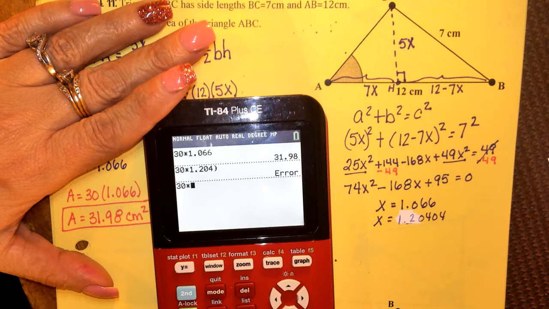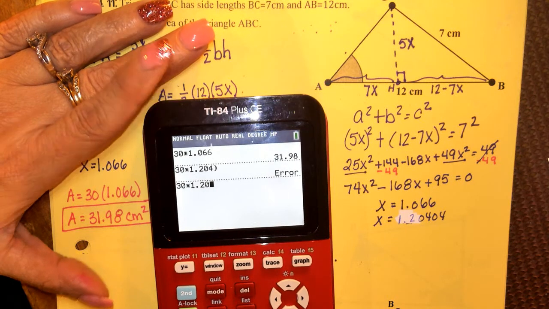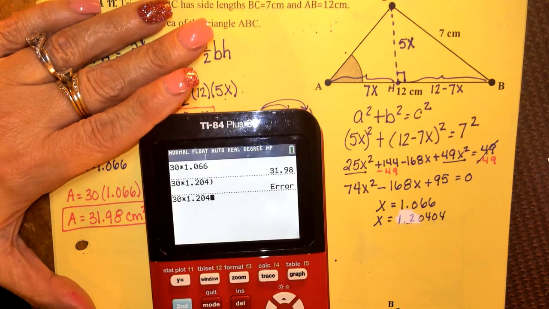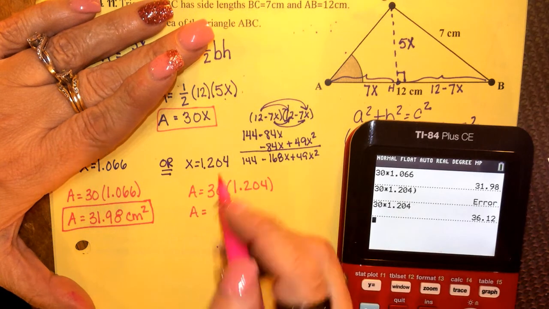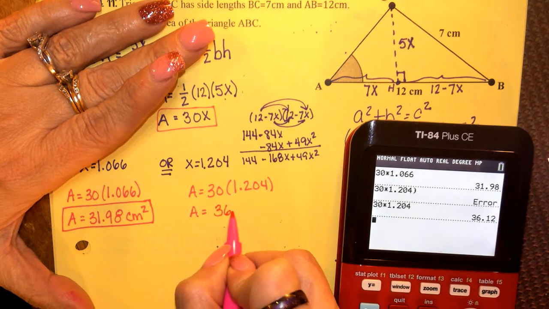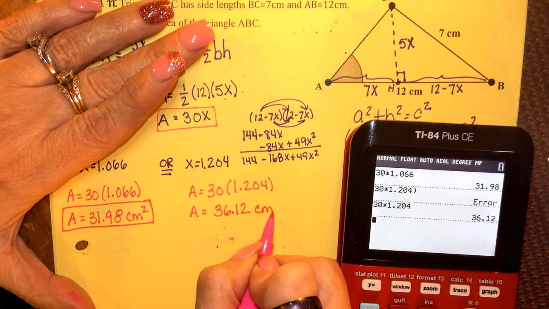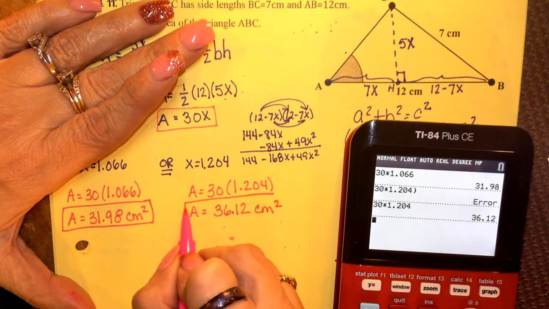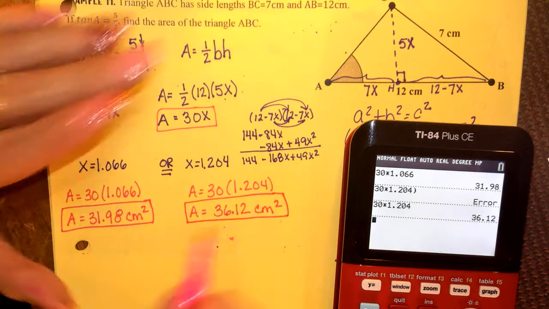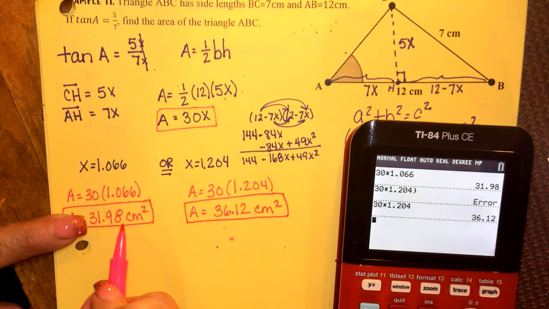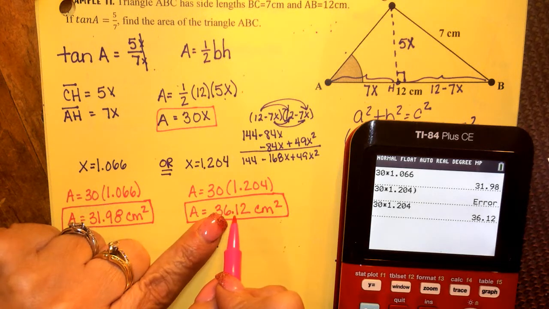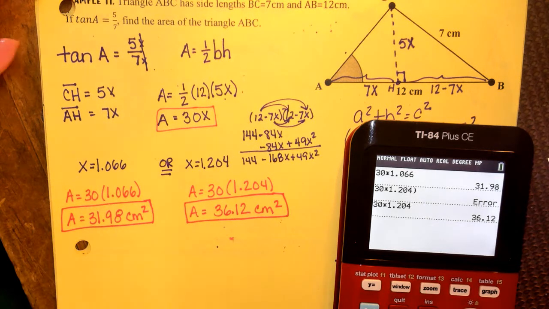Okay, 30 times 1.204 is 36.12. And you know what? I should have done 3 sig figs. So if I was actually doing this on a test, I would do 32.0 centimeters squared or 36.1 centimeters squared.